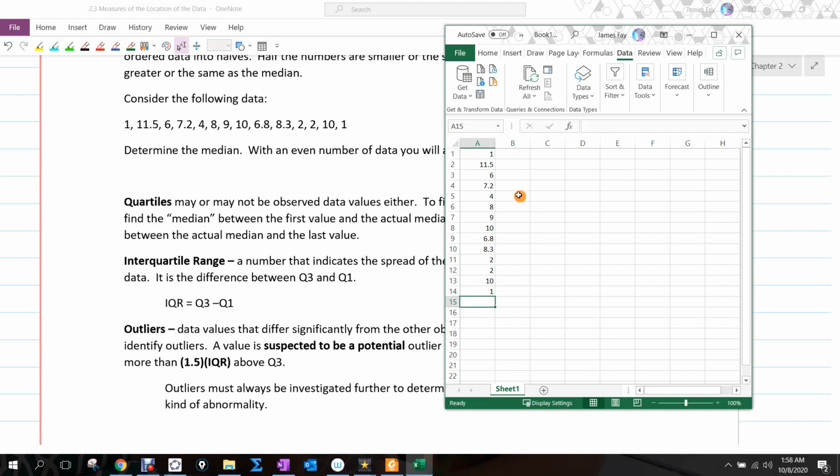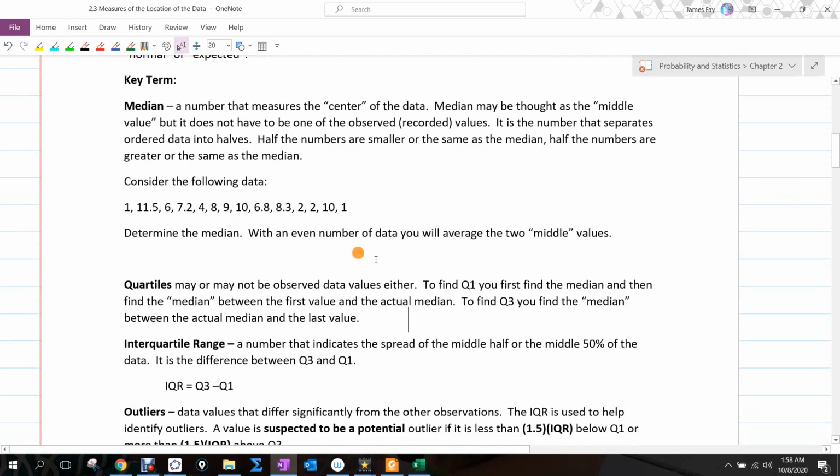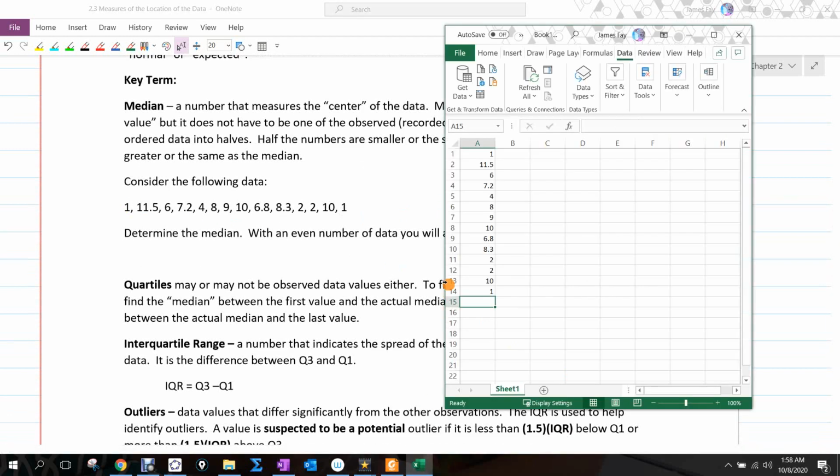So we've got 14 pieces of data. I thought I said 11, but looks like it's 14. Just to make sure I didn't do any twice. Okay. So all we're going to do is we're going to click on that data.